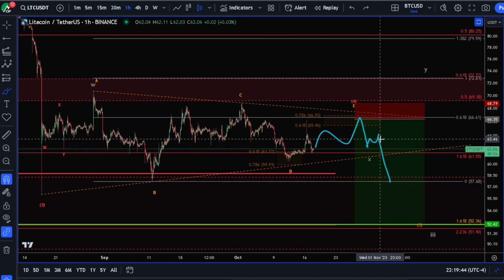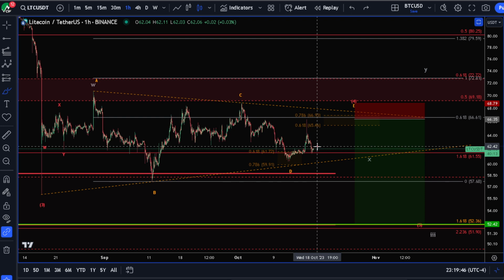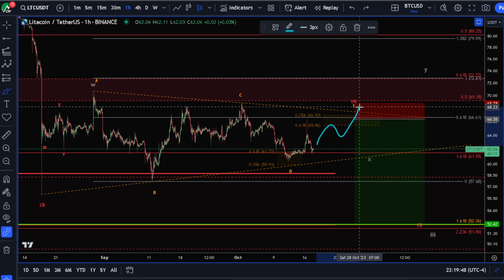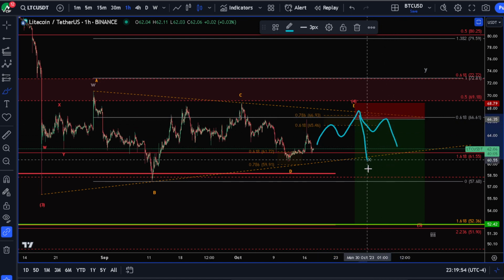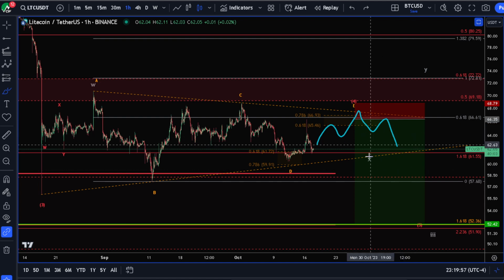But if it seems like both scenarios are possible, say we get something like this, and then we sort of grind like this rather than drop sharply, because at the end of a triangle, you expect a pretty fast thrust. So if this is the E, we know it should be just dropping off a cliff.